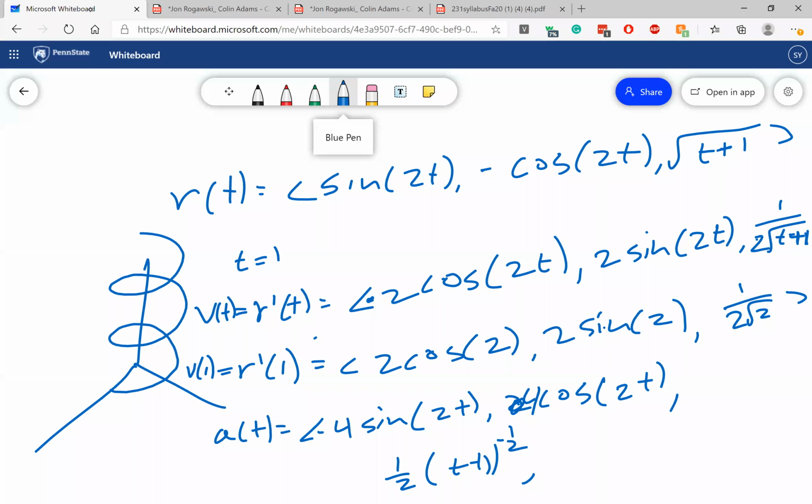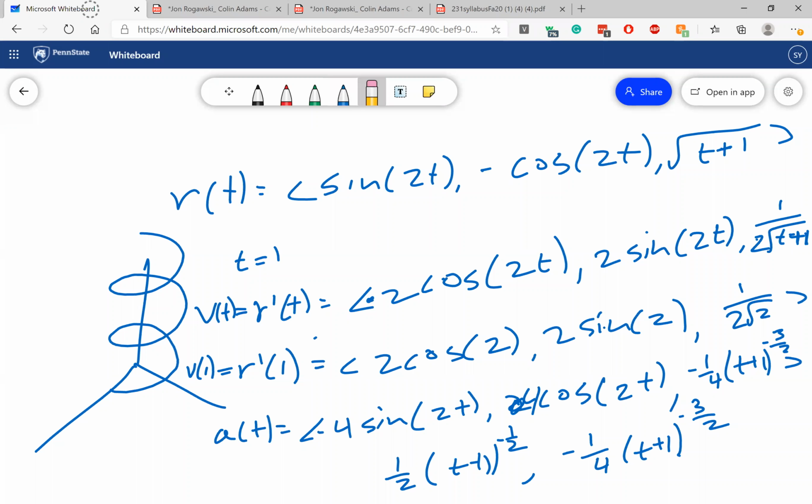So the derivative is going to be negative 1 over 4 times t plus 1 to the 1/2 minus 1, which would be negative 3 over 2. So we would get negative 1 over 4 times t plus 1 to the negative 3 over 2.